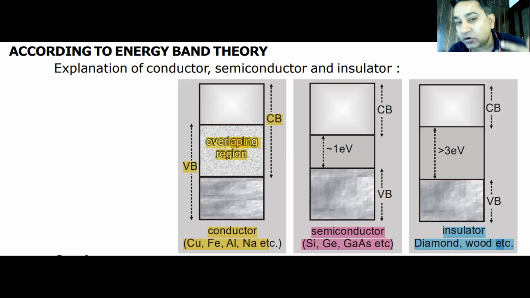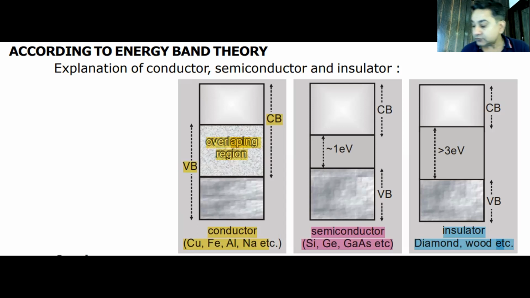A large number of electrons can be present in the conduction band because both the energy levels are overlapping each other, and therefore the electron can easily be present in either band. As soon as the electrons are there in the conduction band, what will happen? We'll have good conductors. Do you understand this?